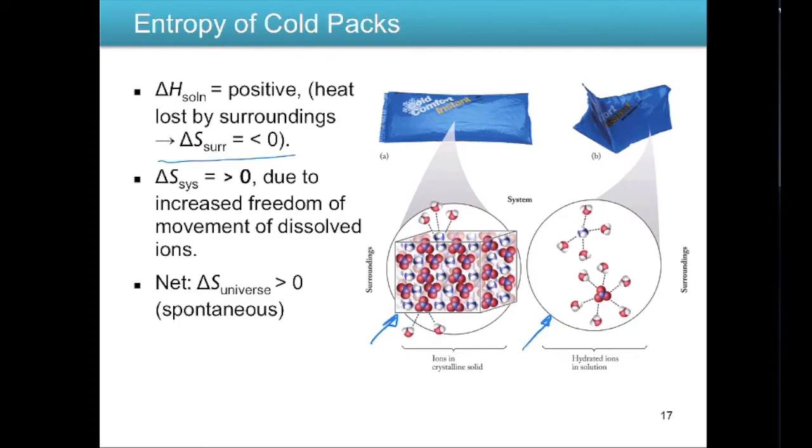So the net change in the entropy of the universe in this case is greater than 0 because the system is gaining so much entropy by the fact that it is changing from a solid state into aqueous ions. So this is why this particular reaction is spontaneous. It doesn't have to do so much with the movement of heat. It has more to do with the increase in molecular motion between the solid phase and the aqueous phase.